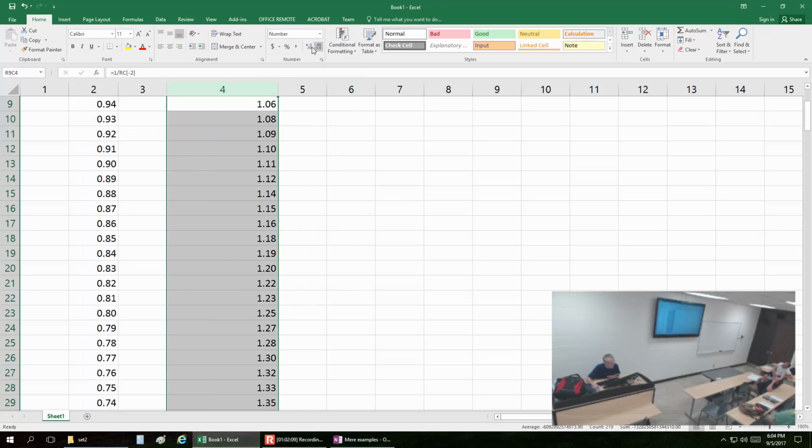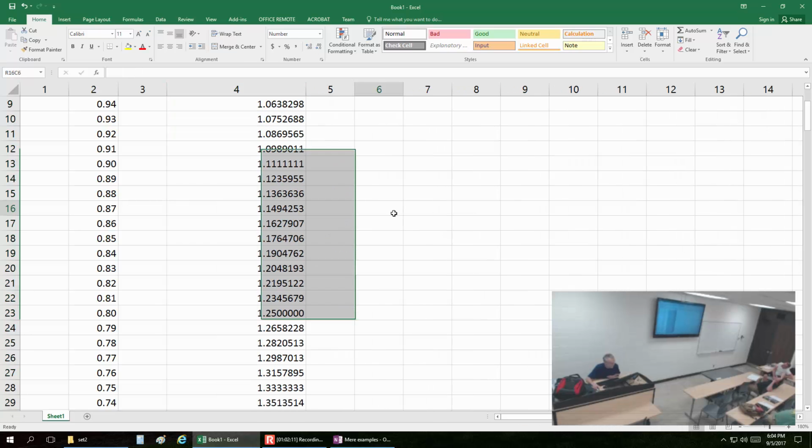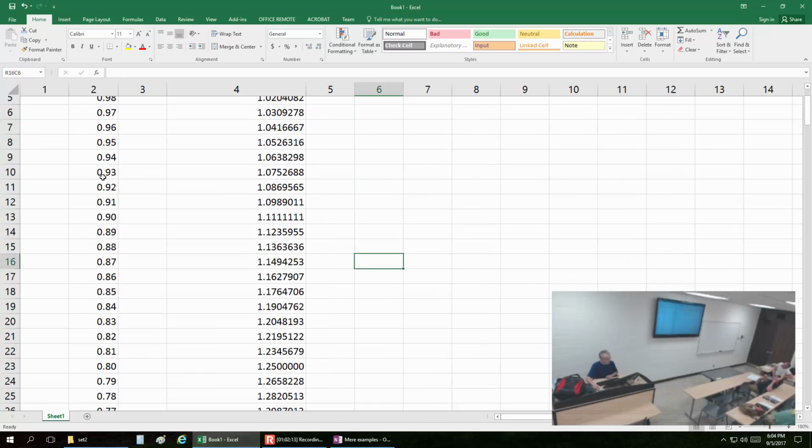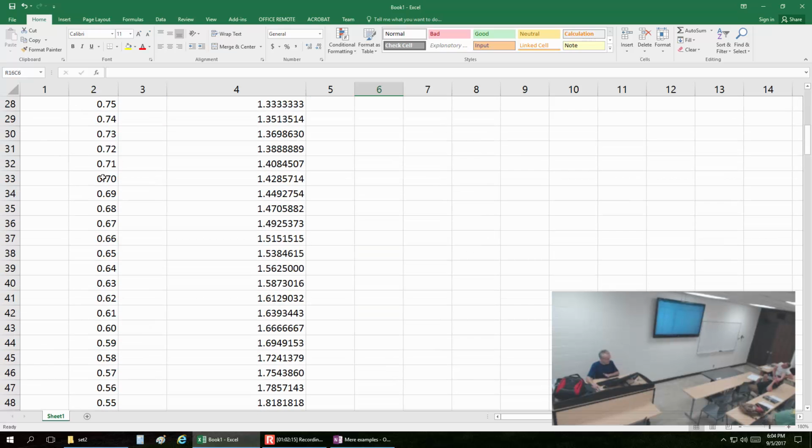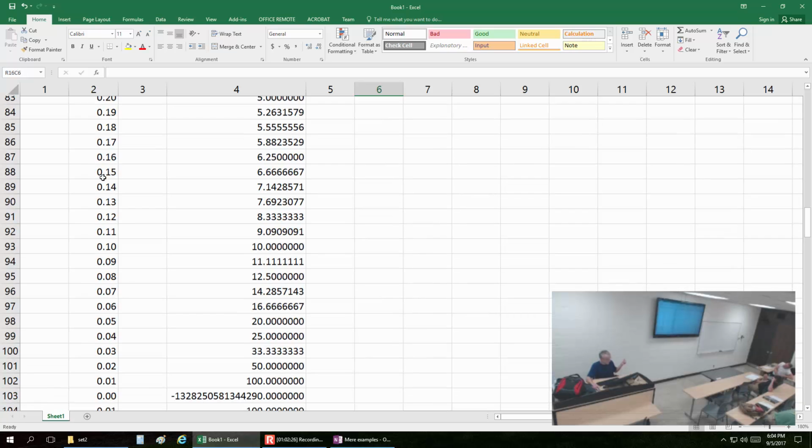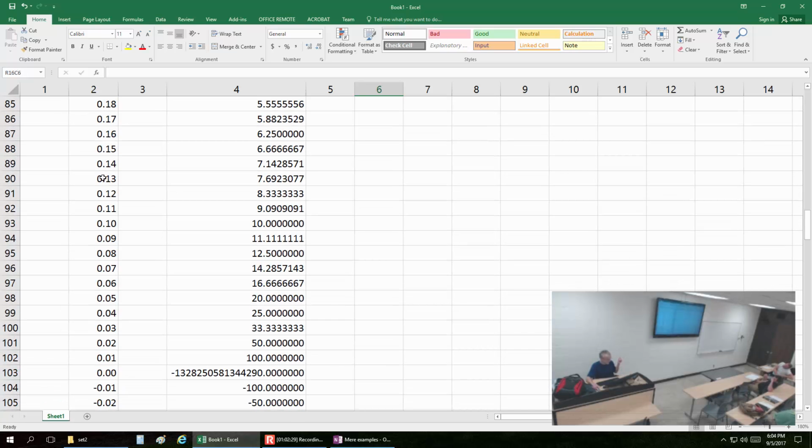Well, maybe we need more decimals here. So the x's are in this column, y's in the second column, and you see what's happening. X's are decreasing, and what's happening to y's? They grow little by little until they reach a number. You look at what has happened.